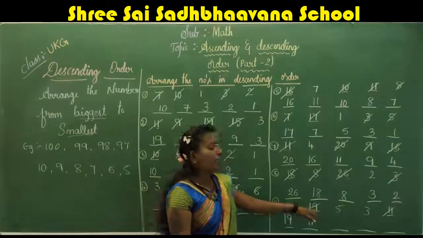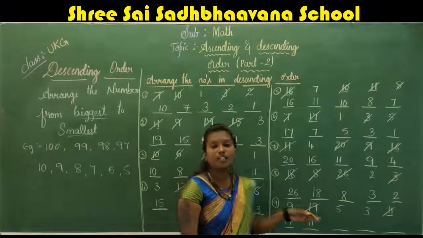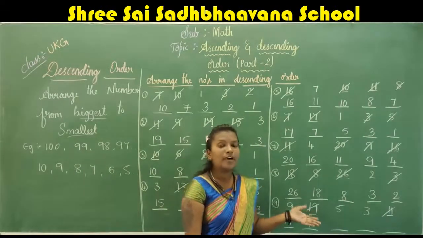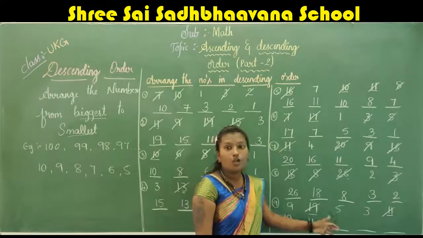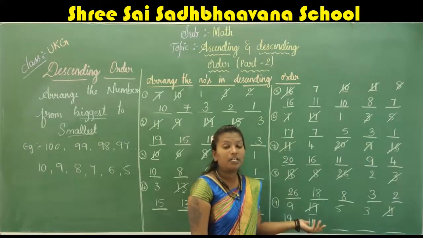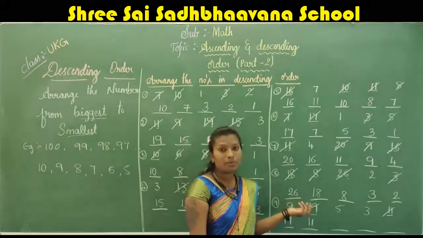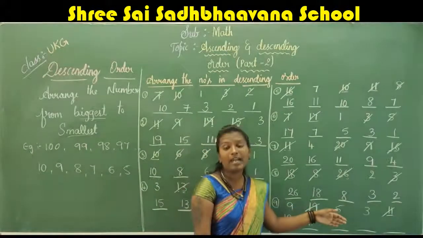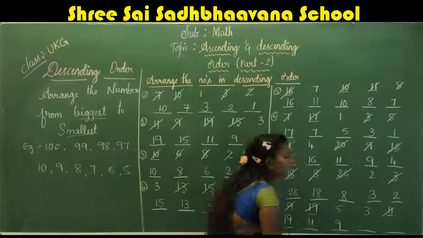Next, numbers 9, 5, 3. So children, which is the biggest number here? Number 5? No. Then what number do we write in the third place? Number 3? No. Then what number? It's number 9. Why? Because number 9 is bigger than 5 and 3. That's why we write number 9 in the third place.